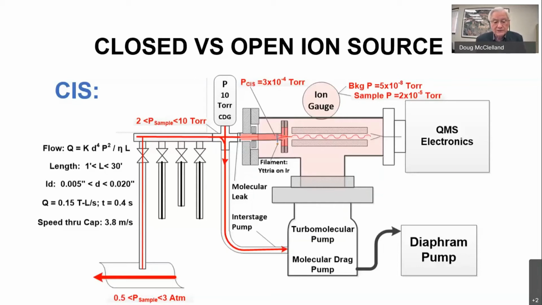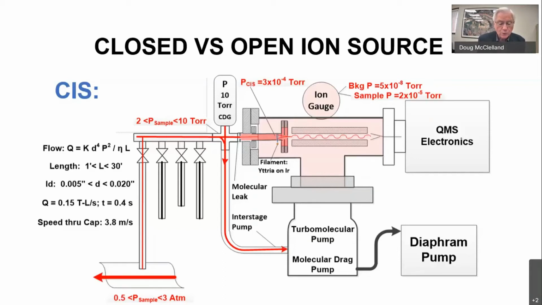The net result is a flow of the gas with a transit time of about 0.4 of a second through all of the sampling plumbing. And this makes a speed of the gas flow something like 3.8 meters per second.